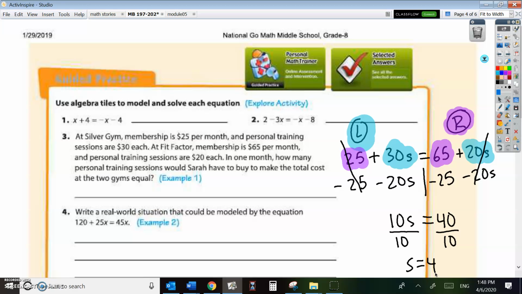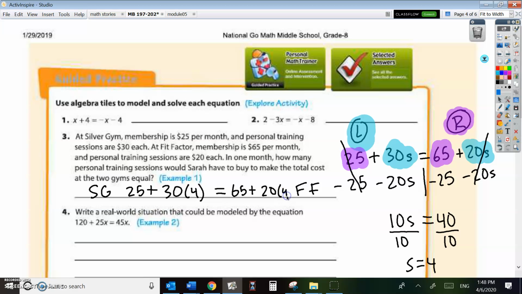So let's check. Silver Gym. So 25 plus 30 times 4. That should equal what she would pay at the Fit Factor, which is 65 plus 20s.